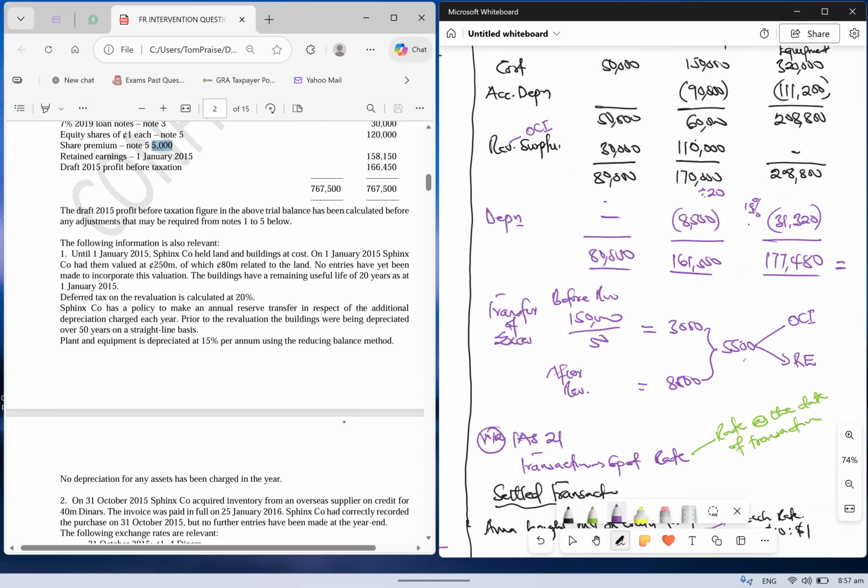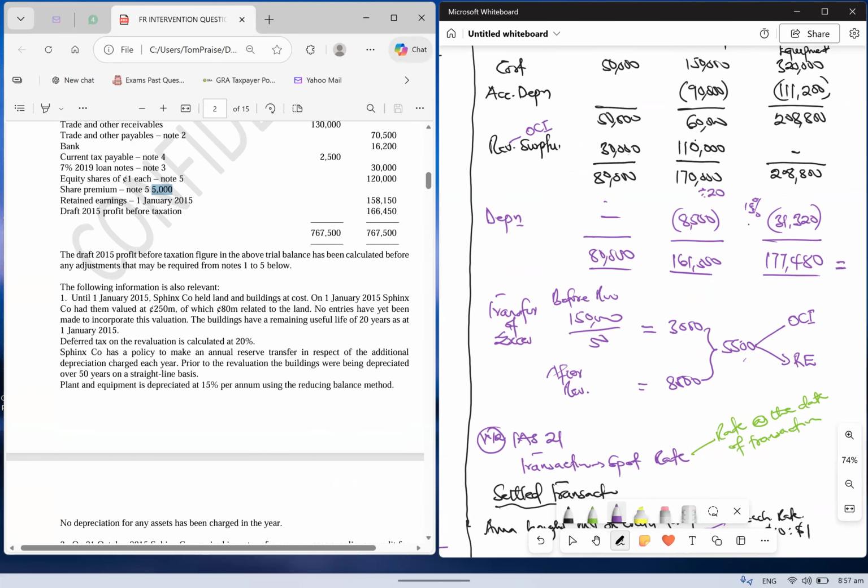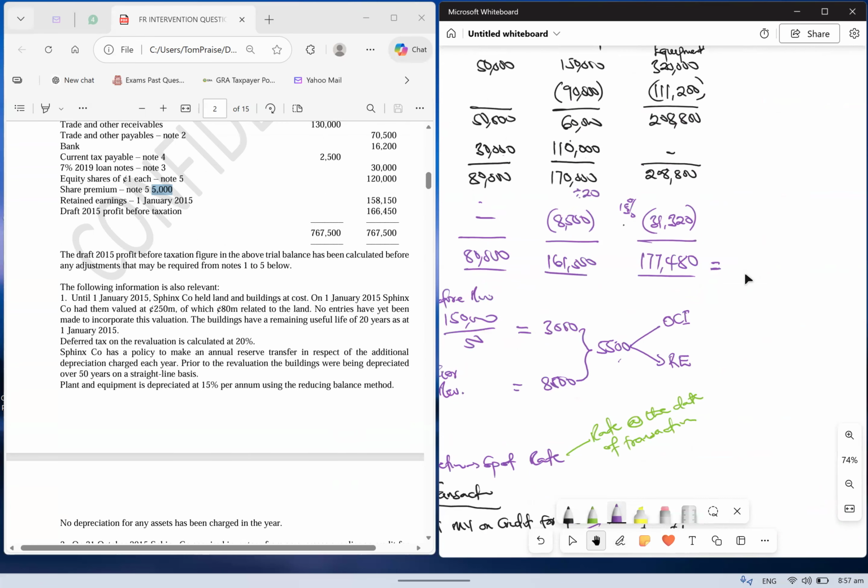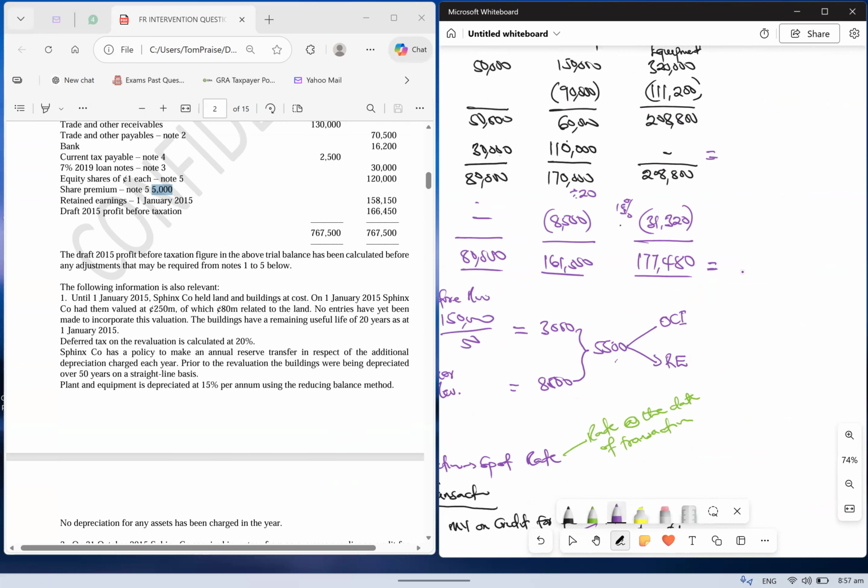Where is it? Deferred tax on revaluation is calculated at 20%. So this revaluation that you put together here of 150, it's 140, right? Yes. Tax it at 20%. You tax it at 20%.